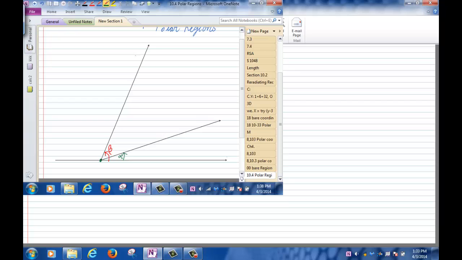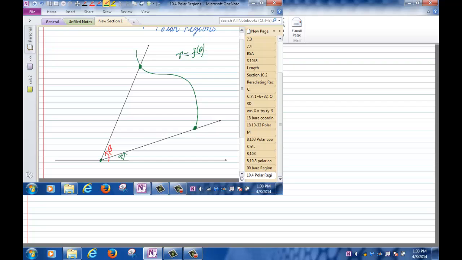And let's say I have a curve, and the curve looks like this. So look at the curve between these 2 points. Let's say this curve is the graph of the function r is f of theta. R is f of theta. So if I look at the function r is f of theta in polar coordinates, the graph of that is given by this curve.